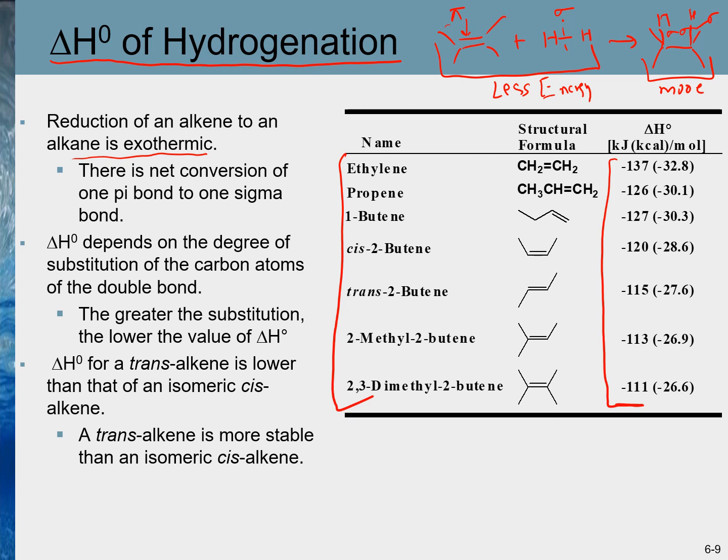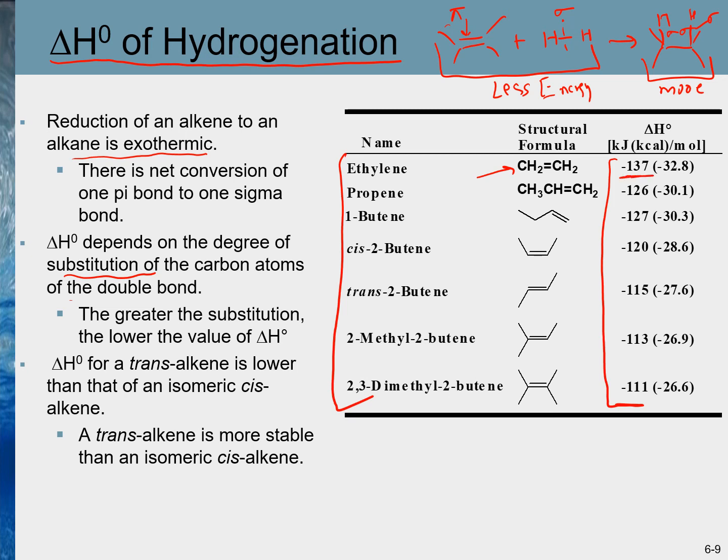The second piece of information we can obtain from this data is that delta H depends on the degree of substitution of the carbon atoms of the double bond. For example, there is no substitution in ethene. That's the simplest alkene.